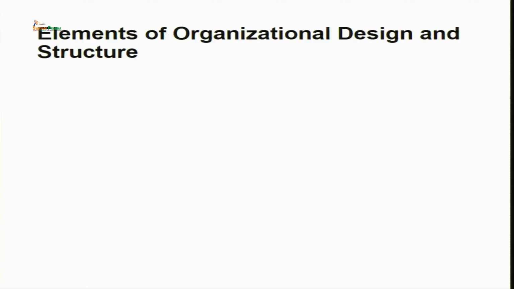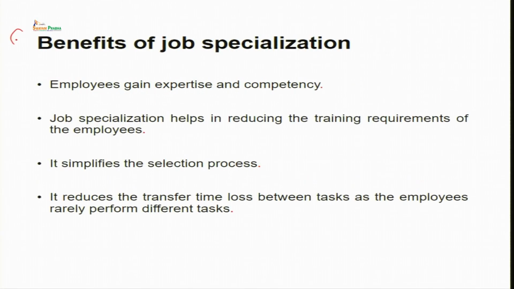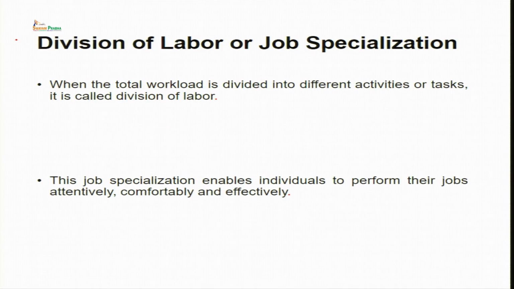So, in this session, Part 2, we shall begin with a detailed discussion on these 6 elements of organizational design and structure. Beginning with the first key element that contributes to organization design and structure, it is division of labor.